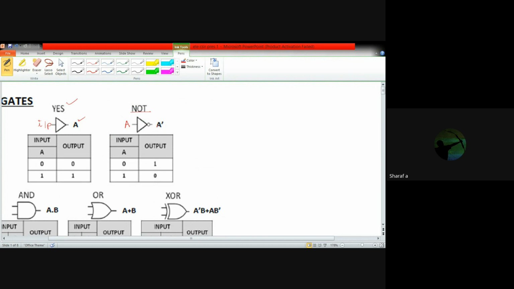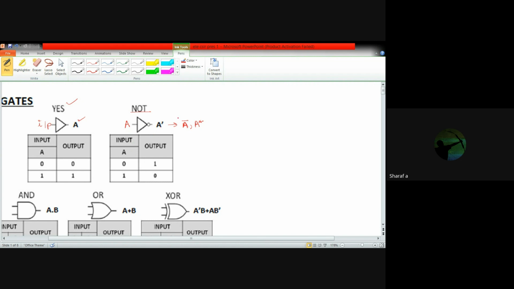You can denote that complement of the input either by a dash, or a bar, or you can also use a star. All of these represent the complement of the input A. So when you give an input, the output will be the complement of that input.